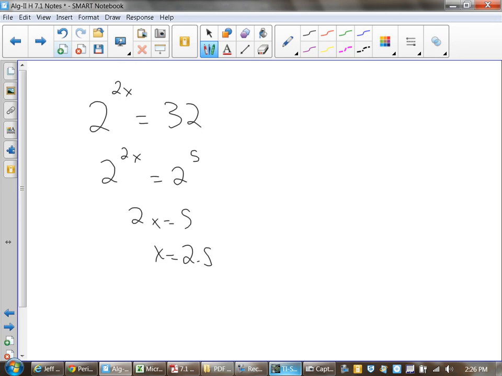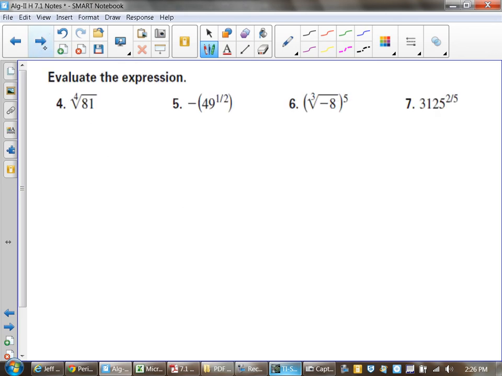Will there be any equations where it's x root? No. That's basically what this is. We'll get there later. We're not even close to being there yet.